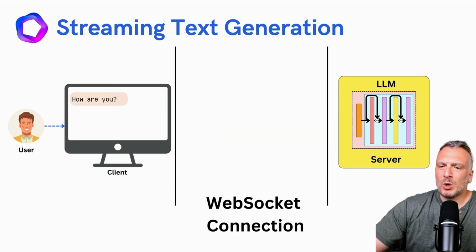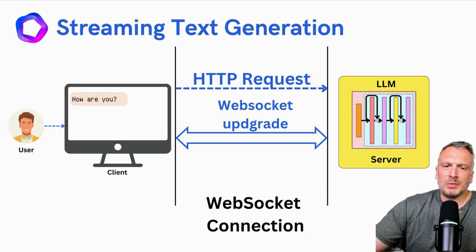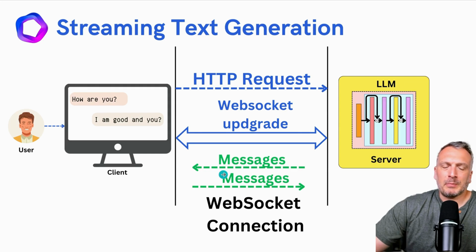Let's look at WebSocket connections. WebSocket connections start with an HTTP request, and the HTTP request gets upgraded into a WebSocket connection. A WebSocket connection is some kind of tunnel, some kind of channel where messages can be sent back and forth between the user and the server. So WebSocket connections are good for interactive connections between the user and the server.